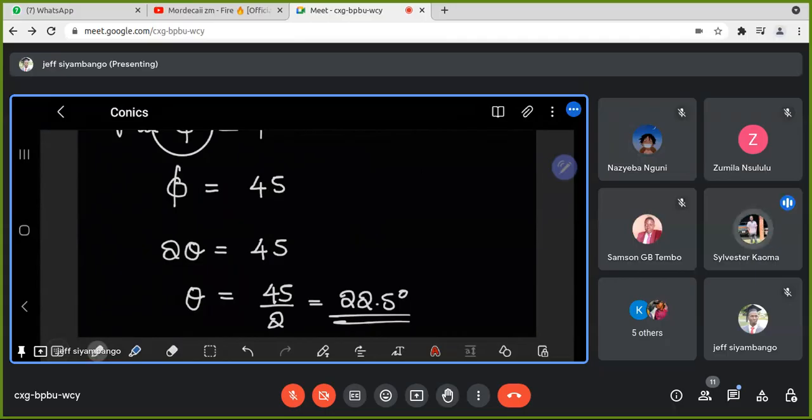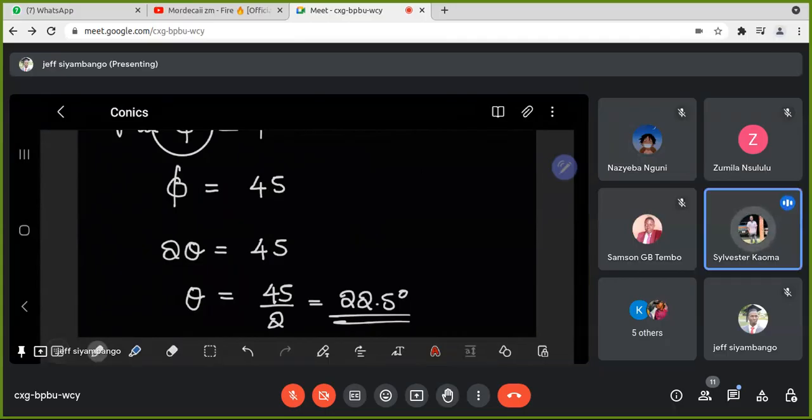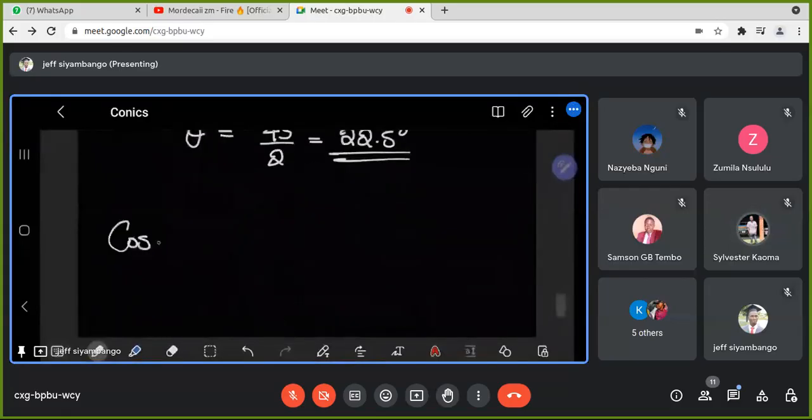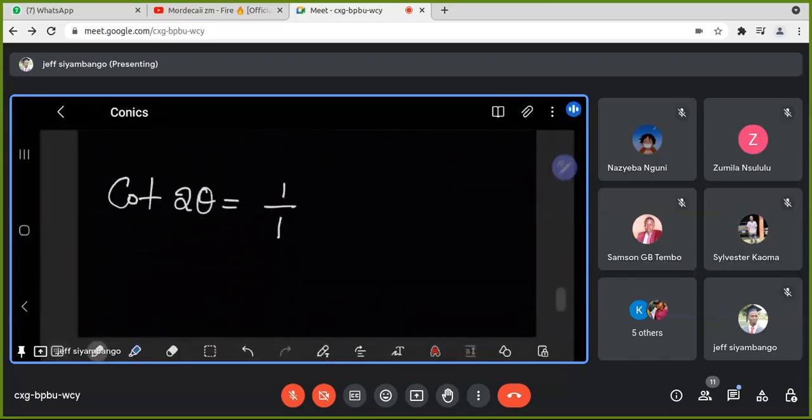Is that 22.5 when we're using tan or when we're using cot? Whether you use tan or cot, you still find the same thing. If you use cot, you're looking at cot 2 theta is equal to 1 over 1. So this is basically just cot 2 theta is equal to 1.